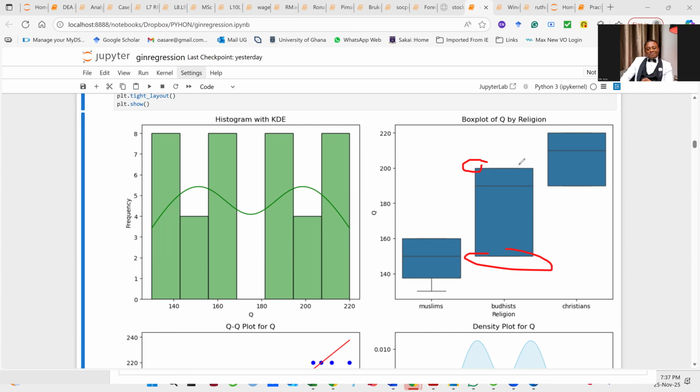But if you look at the Christians, the black line is supposed to be in the center of the box, but it's not in the center like the Muslims. That is where you can indicate that majority of them who are consuming alcohol are really consuming the alcohol.